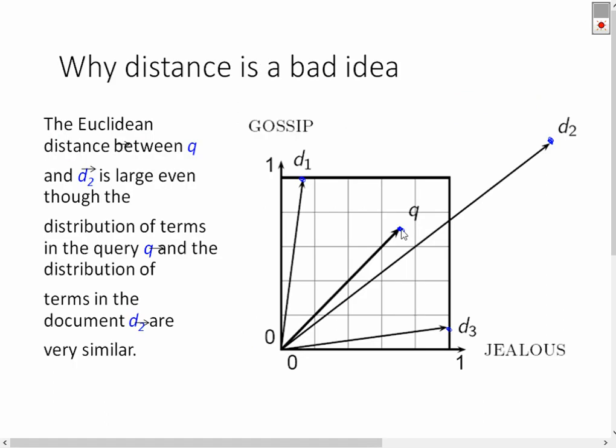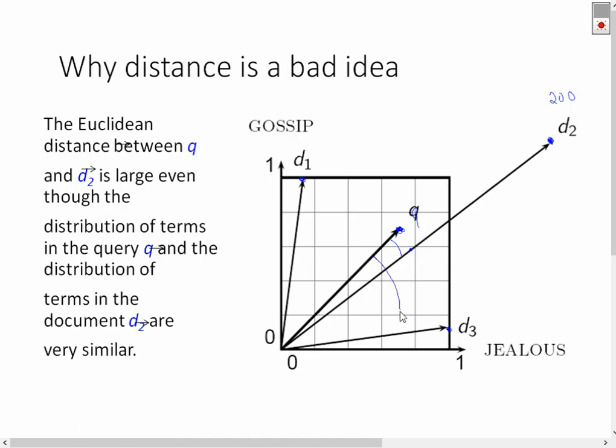Imagine that this was our query terms, and imagine that D2 represents that document that has the 200 words. The version of it that had 100 words might be plotted here, and the version that had 200 words might be plotted here. If I look at the angle between the query, which is this one right here, and the document, it's relatively small.